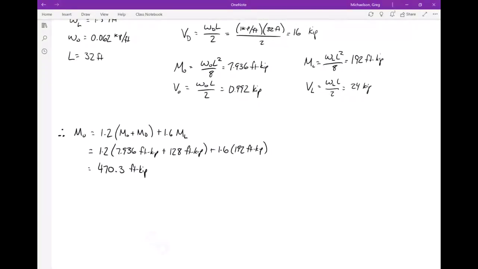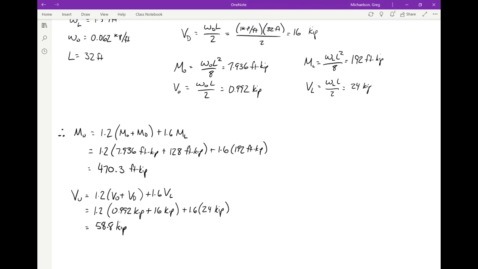And then similarly for the shear, that comes out to be 58.8.